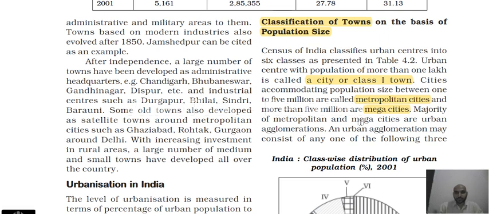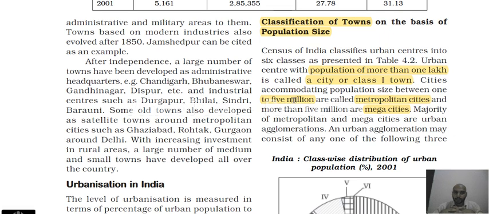When the urban center population is more than 1 lakh, that is called a city or a class 1 town. On the other hand, if the population size is between 1 to 5 million, that means 5 million is 50 lakh, if the population of any area is between 1 million to 5 million, that is called a metropolitan city.